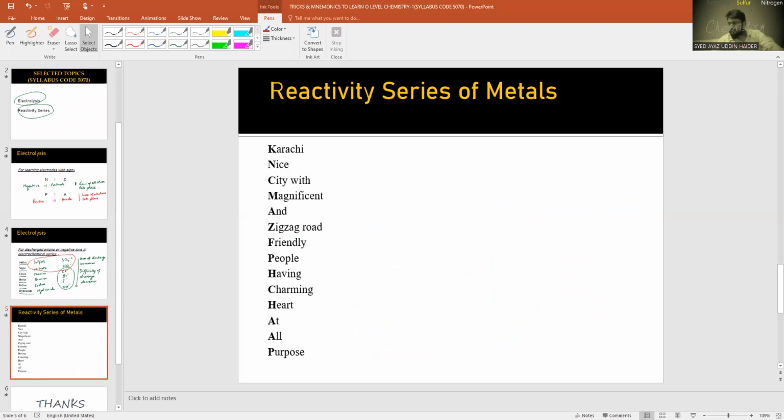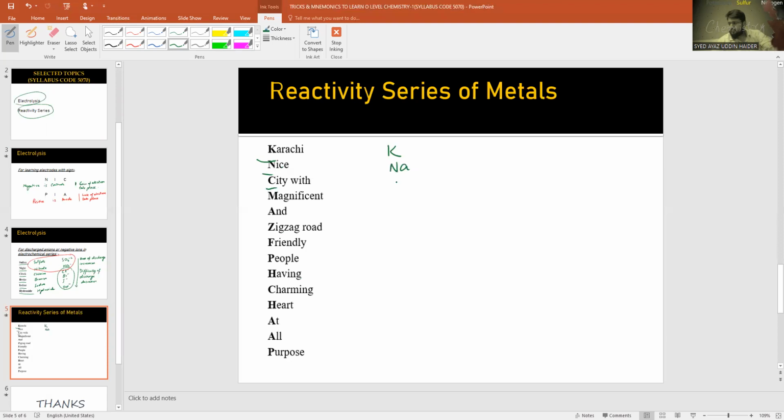Here's the reactivity series of metals. Karachi, nice city with magnificent and zigzag road, friendly people having charming heart at all purpose. K, Karachi: K stands for potassium. Na is the symbol for sodium.